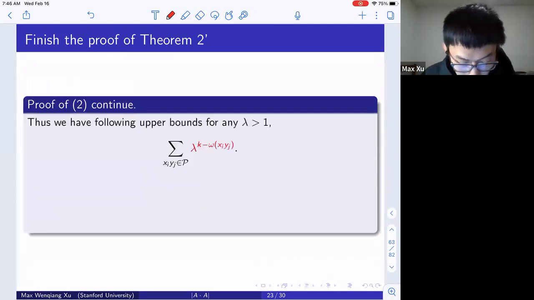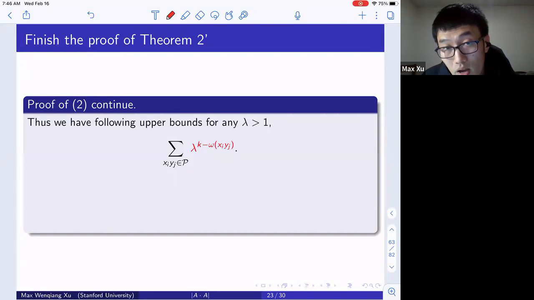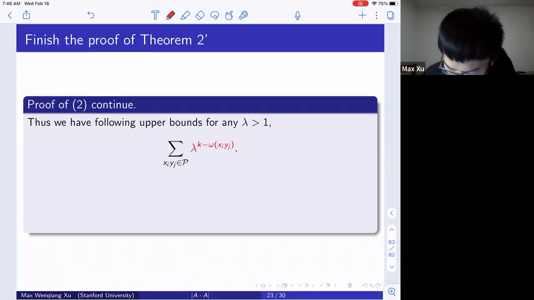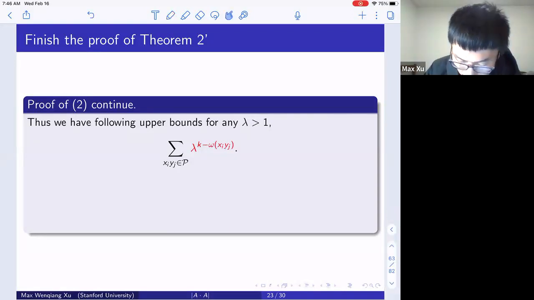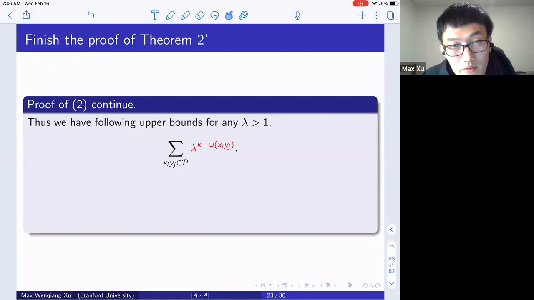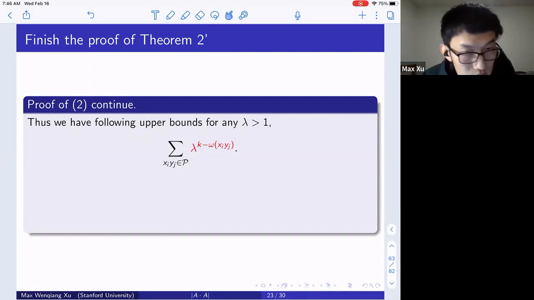Well, now the red line restriction on the summation moves onto the summand. So it's lambda to the K minus omega, summing over this function. But we know that this function is multiplicative, which you can check.